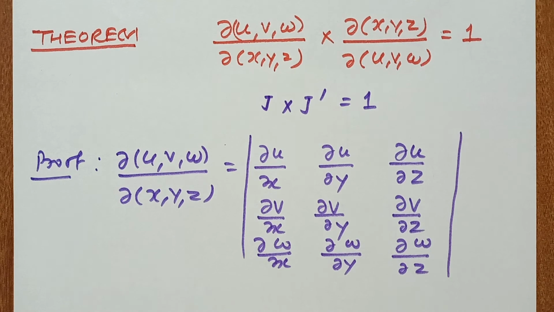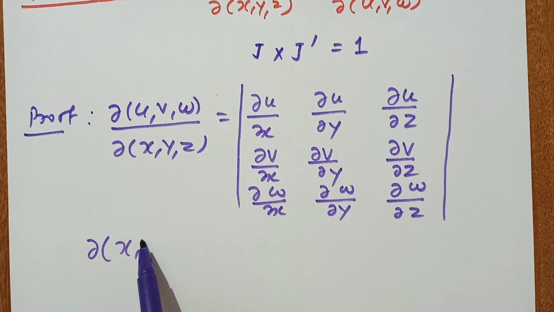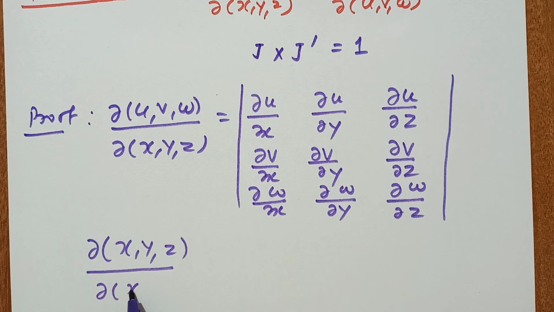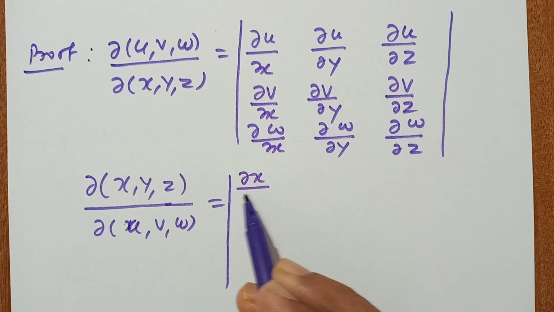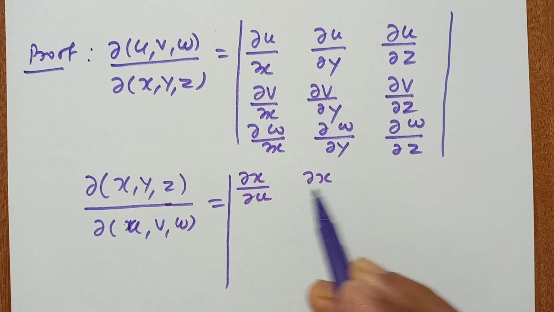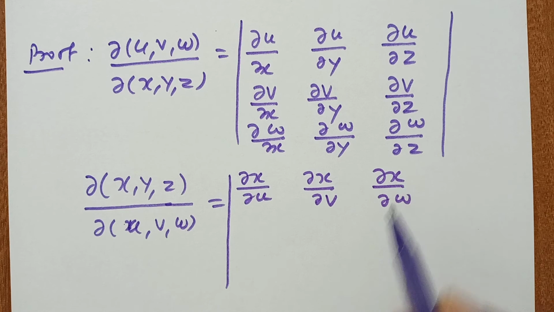Okay. Similarly, del x y z upon del u v w is equal to del x upon del u, del x upon del v, del x upon del w.